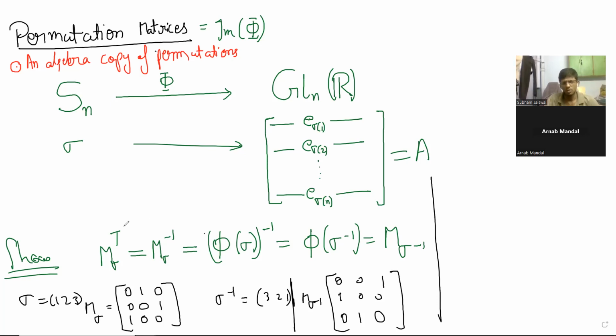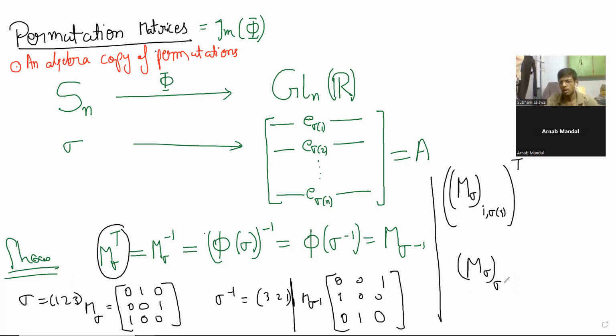Okay, so you take M sigma's transpose. In M sigma, the (i, sigma(i)) entry is equal to 1. That is the meaning. Now, if you take the transpose, then which entry becomes 1? The (sigma(i), i) entry becomes 1. And what is the (sigma(i), i) entry?